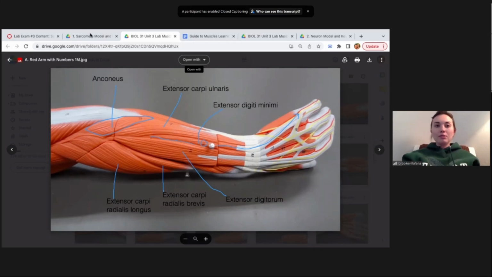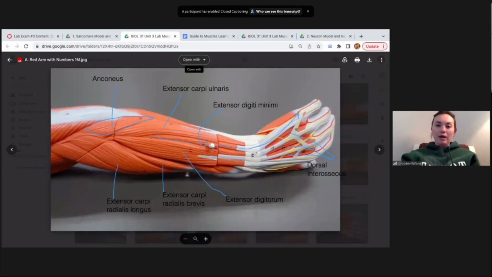And then the muscles that go in between your fingers on the back of your hand, those are your dorsal interosseous. Again, those would go in between the fingers on the back of your hand.